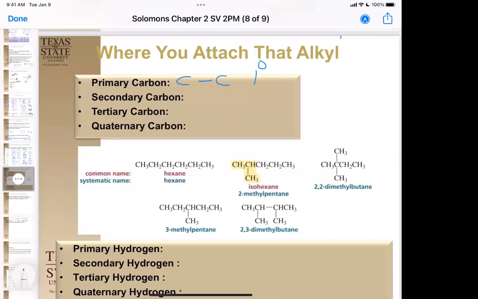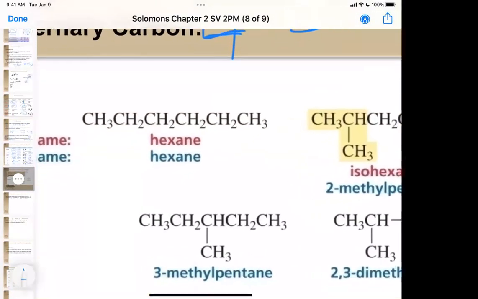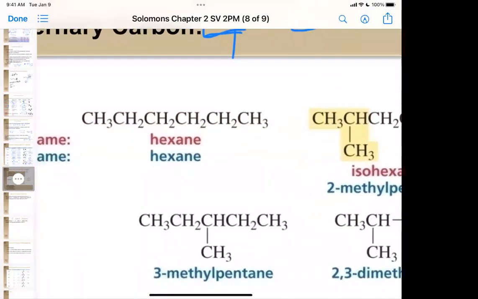If we have a carbon attached to two other carbons, we call that a secondary carbon. So you're looking for the number of carbon-carbon bonds. So of course, 3 is tertiary, and then 4 is quaternary. Let's look at these structures down here and look at where we have different primary and secondary hydrogens.